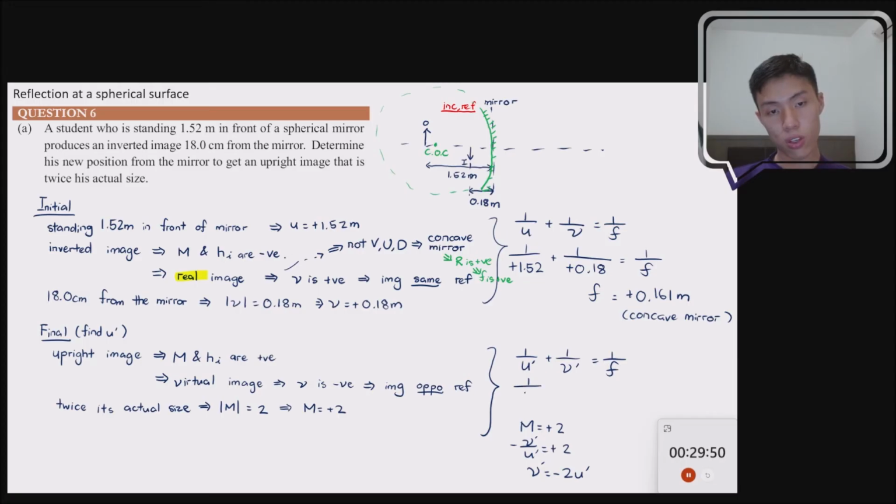So 1 over u prime plus 1 over negative 2u prime is equal to 1 over positive 0.161. So there's only one unknown. You can key into your calculator to determine what it is.